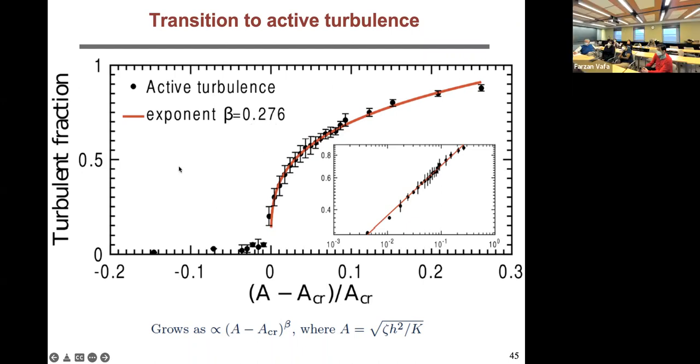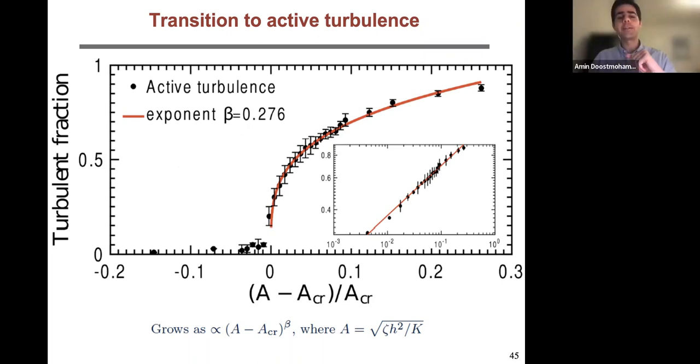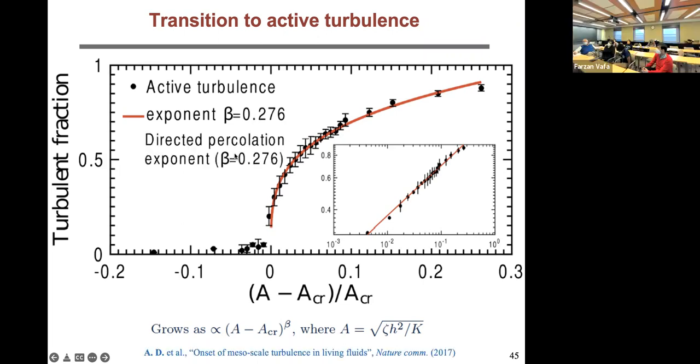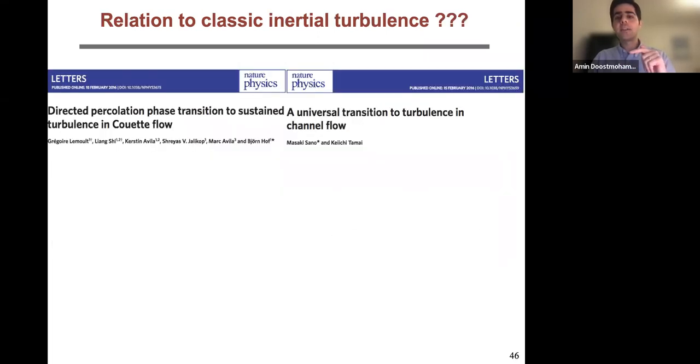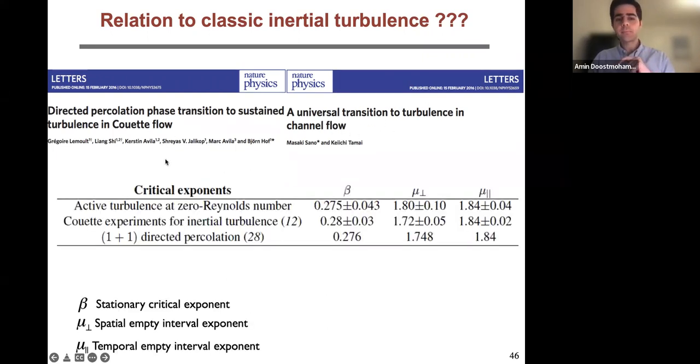So have you tried fitting this to directed percolation? Yes, so 0.276 is exactly directed percolation. And what is interesting is that there were two articles in 2015 on classic turbulence that showed independently, in both 2D and 3D, that classic turbulence follows directed percolation.